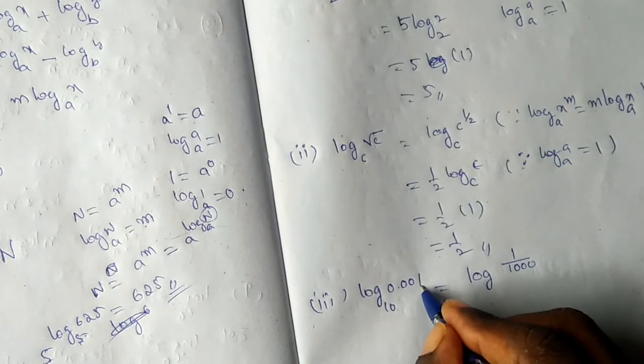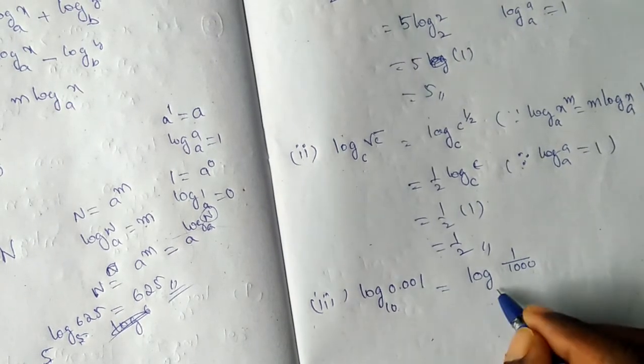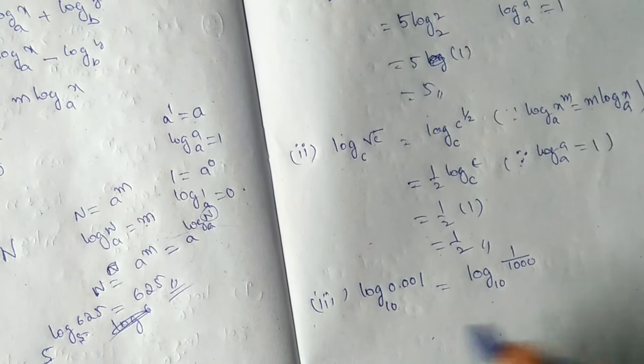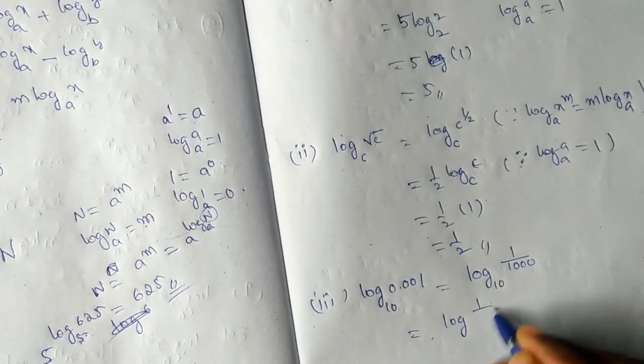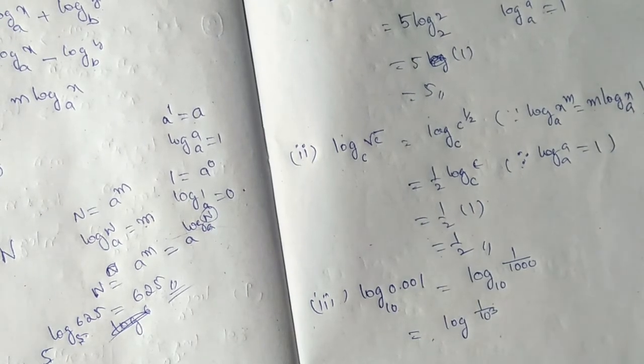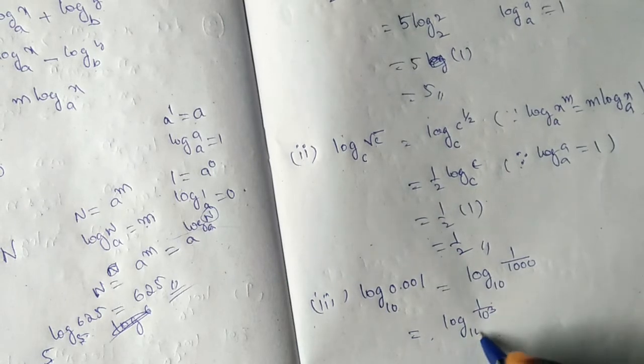Why? Because 1 is in the thousandths place. So base 10, 1000 we can write as log 1 by 10 cube, base 10. 10 cube means 10 into 10 into 10. 10 tens are 100, 100 tens are 1000.